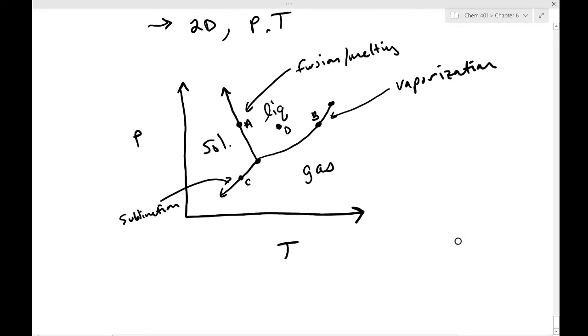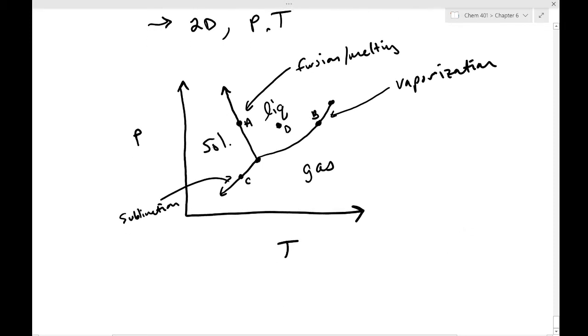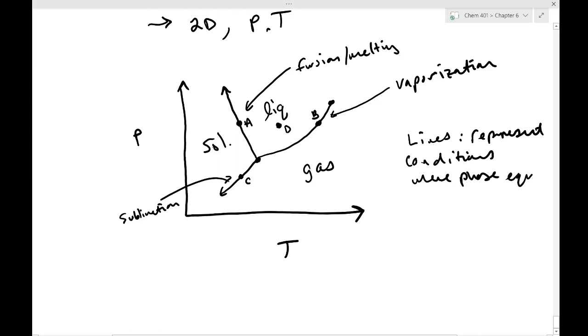The lines represent the conditions where a phase equilibrium occurs.